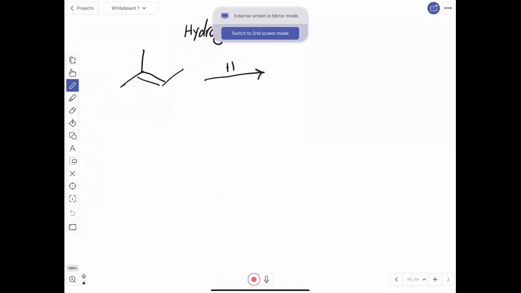We need hydrogen and a catalyst. Catalyst can be platinum, palladium, or nickel. Mechanism of reaction is not known, but it's a syn addition. Both hydrogens will add to the same side of the double bond, and alkene becomes alkane.